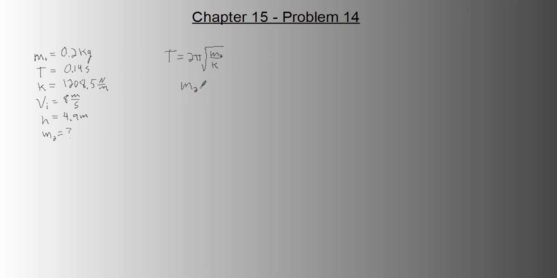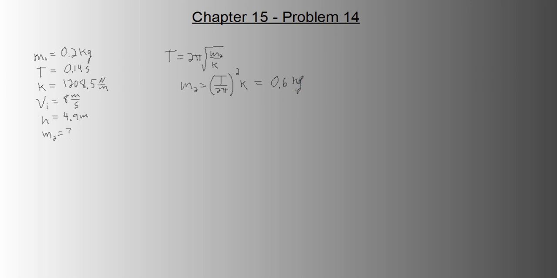So rearrange algebraically, and you get mass 2 equals T over 2 pi squared times K, and plug in all the givens, 0.14 and 1208.5, and you get 0.6 kilograms for the mass.